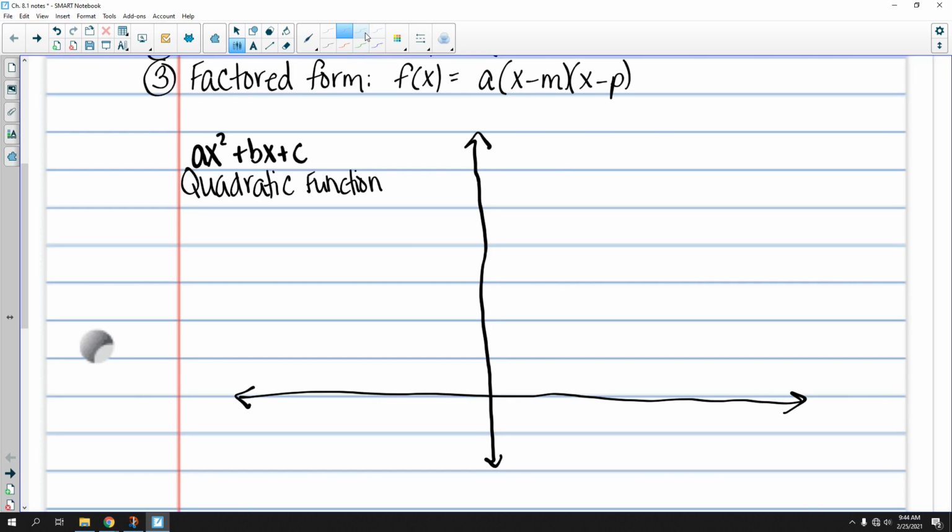And if I were to graph, let's say I graphed f of x equals x squared. This is known as the parent quadratic function. This is the parent function, okay?